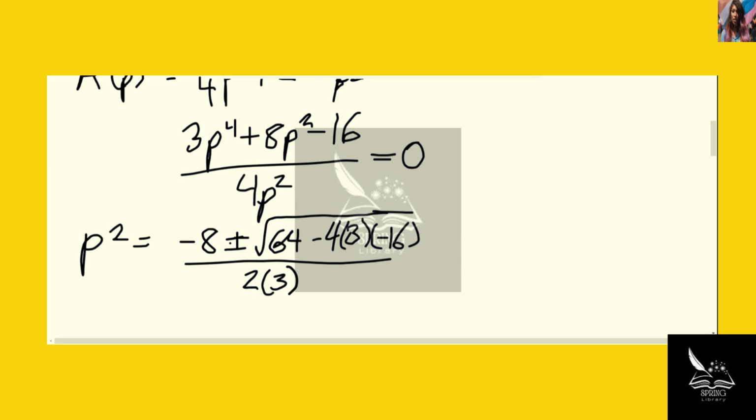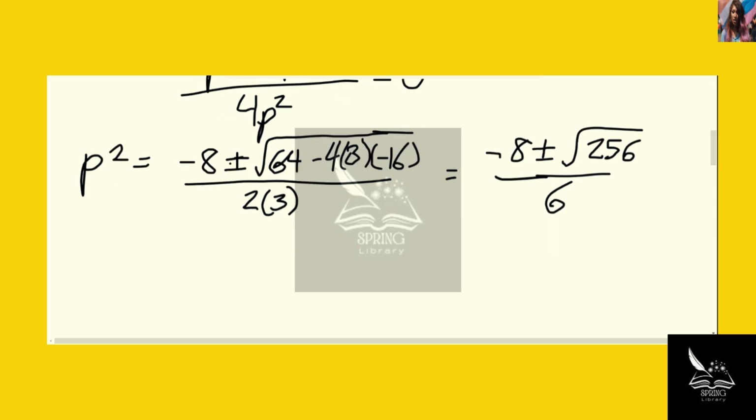And this simplifies to negative 8 plus or minus the square root of 256 over 6. Now, p squared, of course, has to be positive. The only way this is positive is if we have negative 8 plus root 256. So we're only looking at negative 8 plus 16 over 6, which is 4/3.